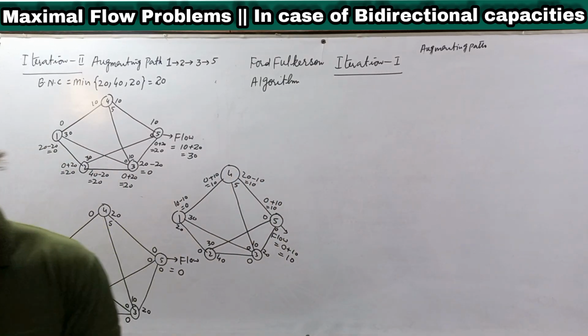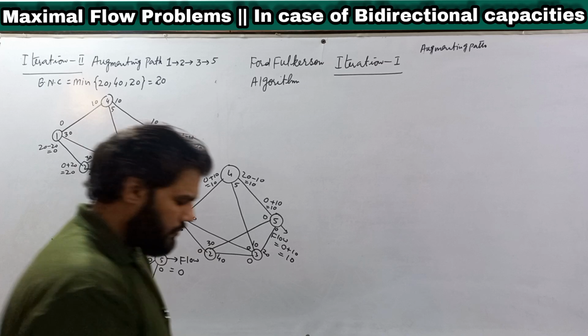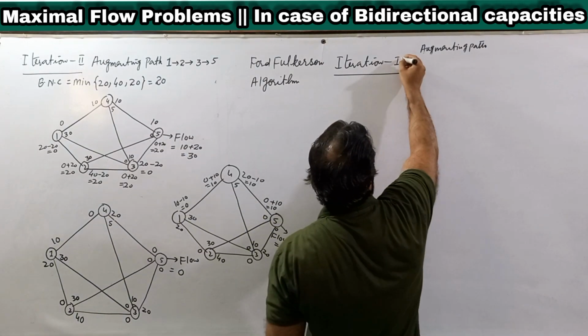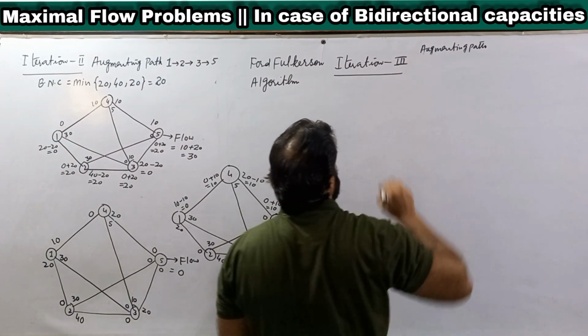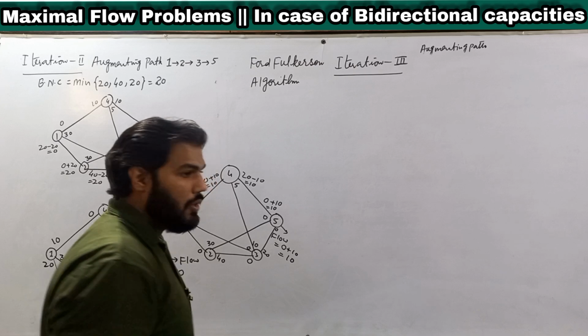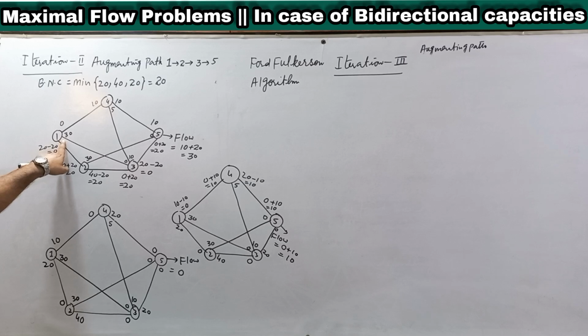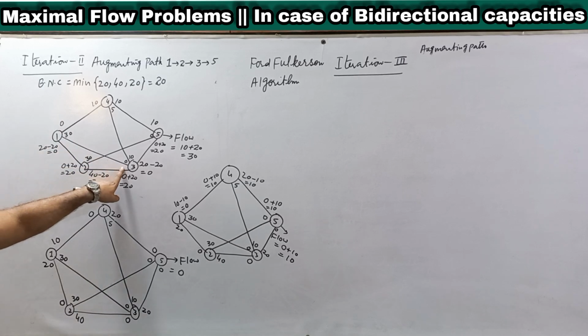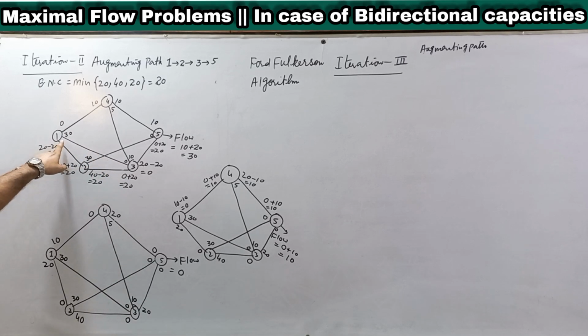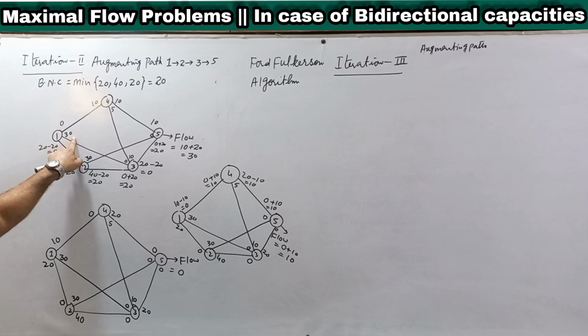Iteration 3. Now we find the augmenting path. One of the augmenting paths is, if we move from node 1 to node 3, the starting capacity at node 1 is 30, that is non-zero.